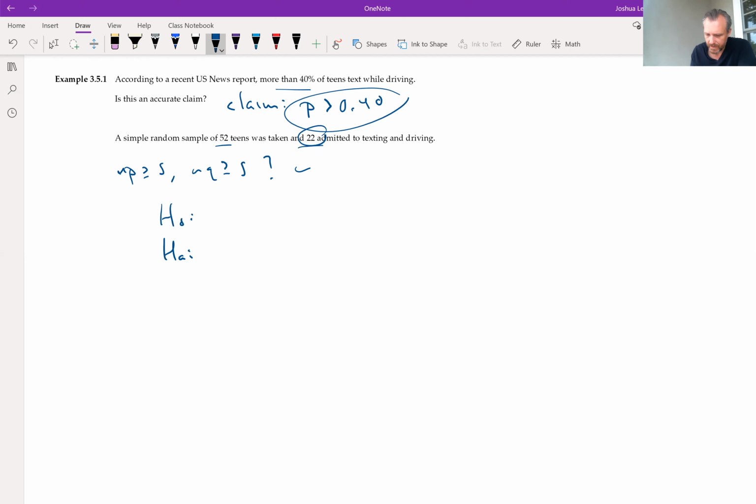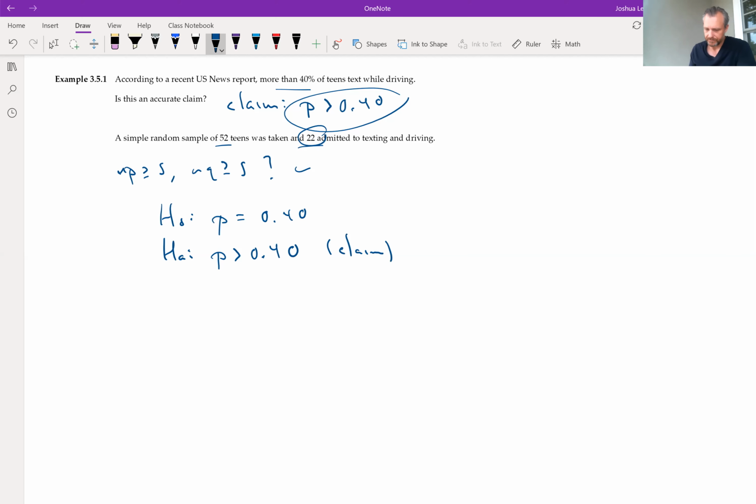So my claim I'm going to place first. P greater than 0.40. My null then will be P equals 0.40. Now I like to include a little reminder of which of these is my claim, right? More than 40%.